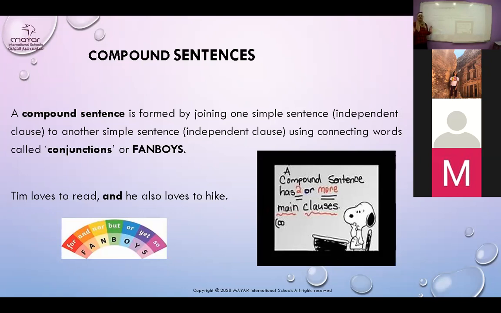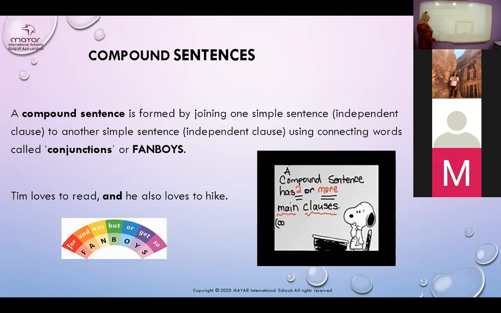Here, this is an independent clause and it discusses what? A complete idea. Subject, predicate. What else? A complete idea. Look at the second part. Try to hide this and. He also loves to hike. He loves to hike. Is this a complete idea? Yes.